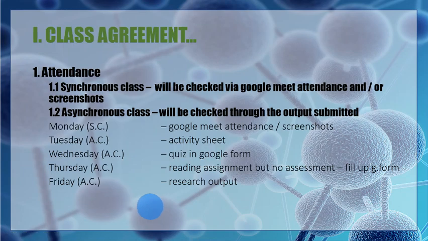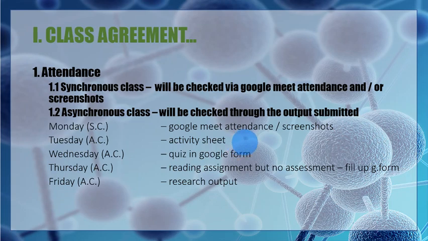For example, for Tuesday, I post a link for an activity sheet. You have to answer that and submit it within 24 hours. If I posted at 7 p.m., after 24 hours you have to complete and submit it.